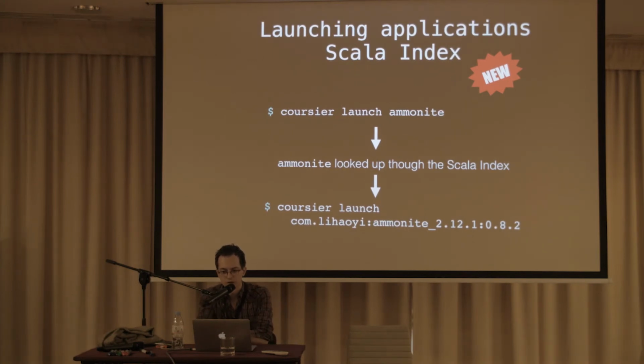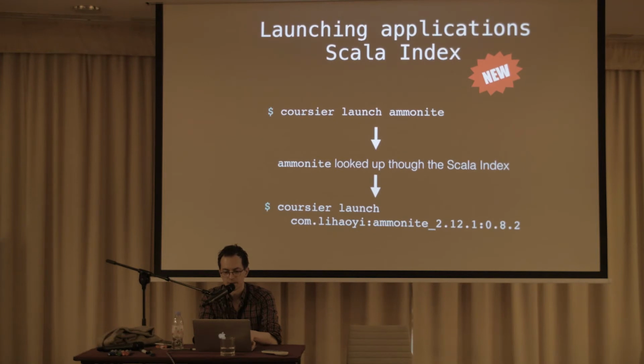So another new thing is about launching applications. I showed you just before how to launch applications from Maven coordinates. That's the last line on the slide, and this is a bit cumbersome in the sense that we have to write the full coordinates with an organization, with a version, with sometimes a suffix for the Scala version.